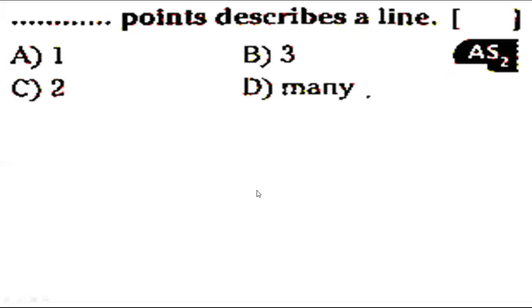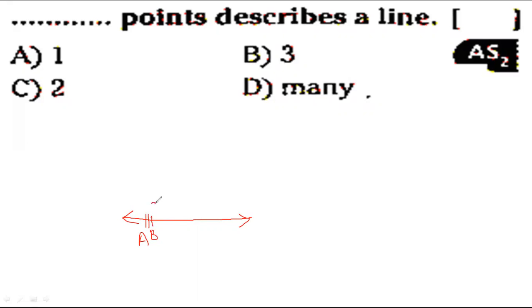Next question. Dash points describes a line. It means on a straight line, how many points are present? Let us say this is point A. Just beside it, I can mark another point.